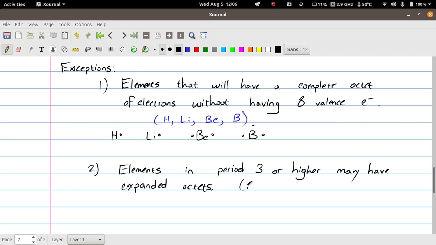So that means that they can have more than 8. And that's due to different orbitals opening up, like D and then eventually F.